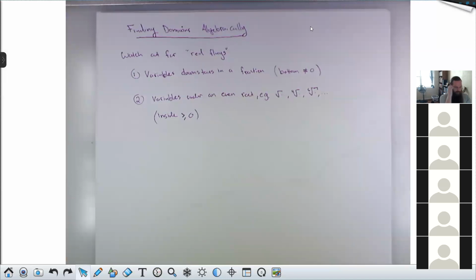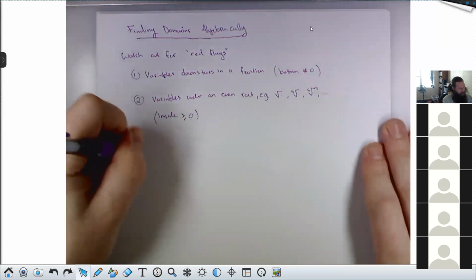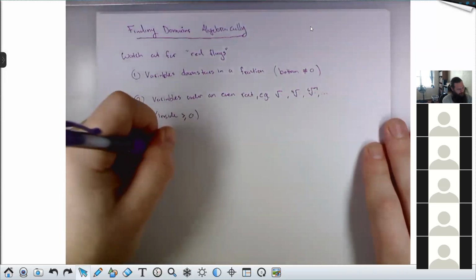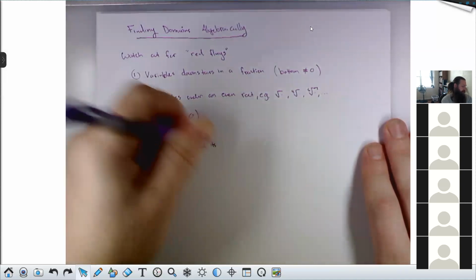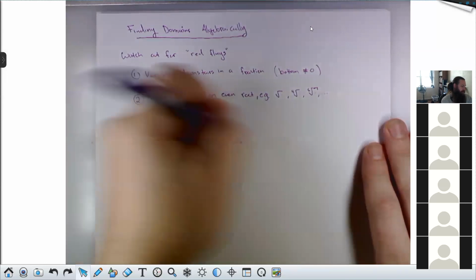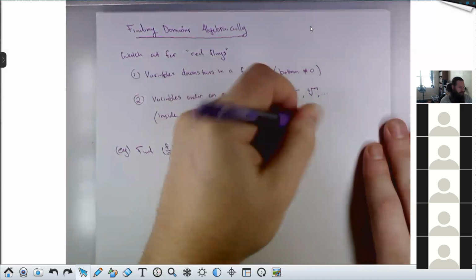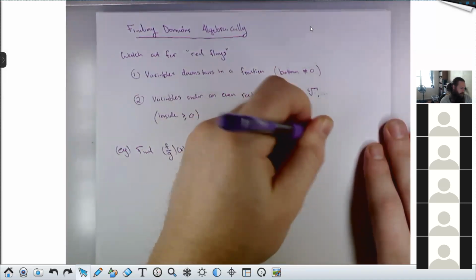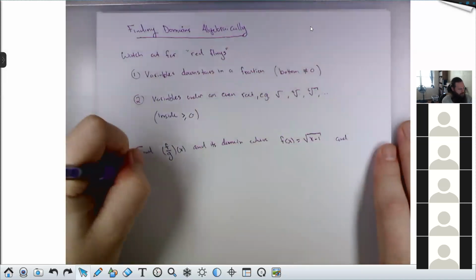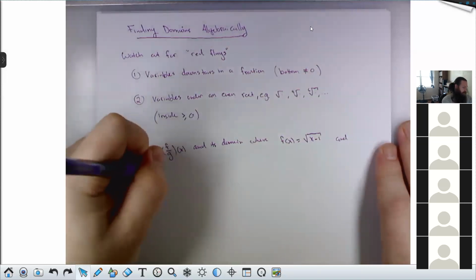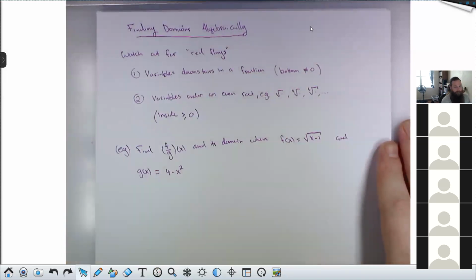So with this in mind, let's look at the function f over g of x, where f of x is the square root of x minus 1, and g of x is, let's go back to our buddy, 4 minus x squared.